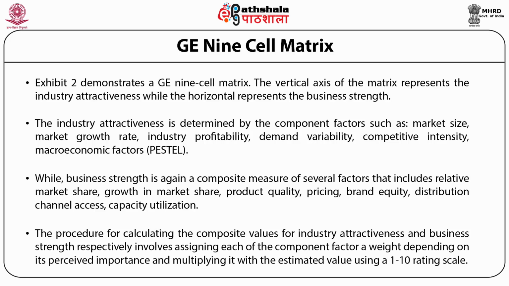The procedure for calculating the composite value for industry attractiveness and business strength respectively involves assigning each component factor a weight depending on its perceived importance and multiplying it with the estimated value using a 1 to 10 rating scale.